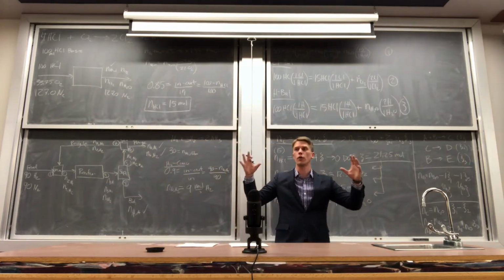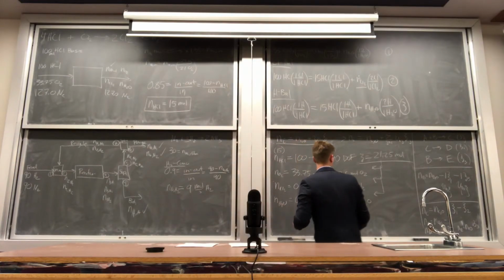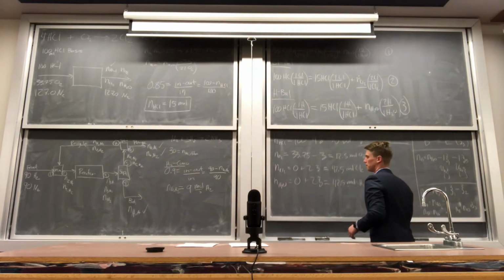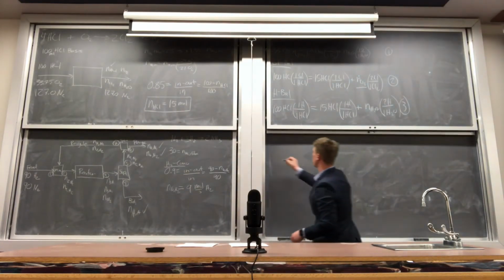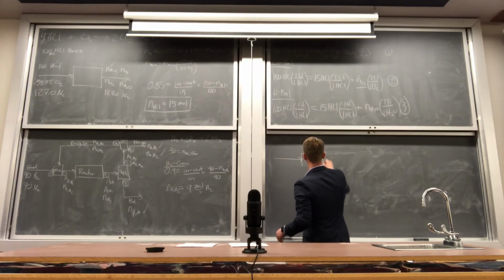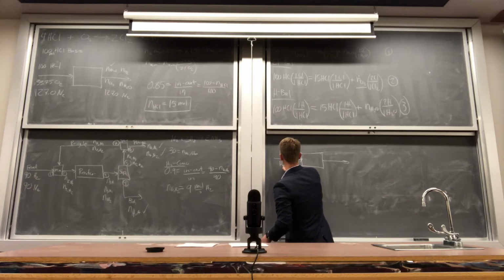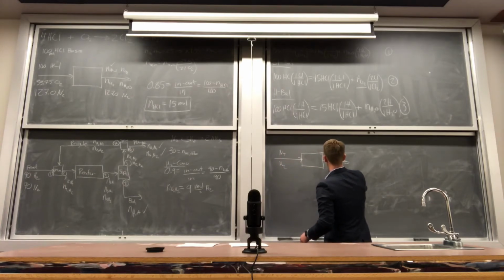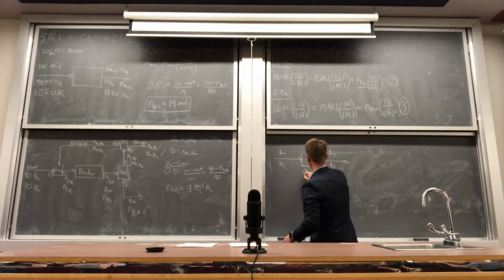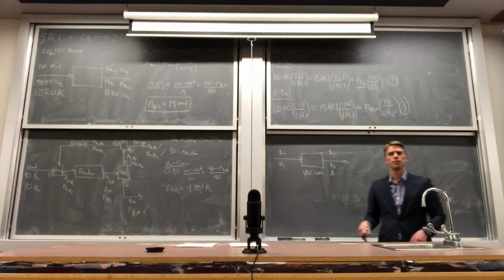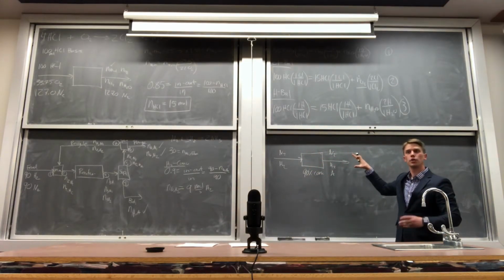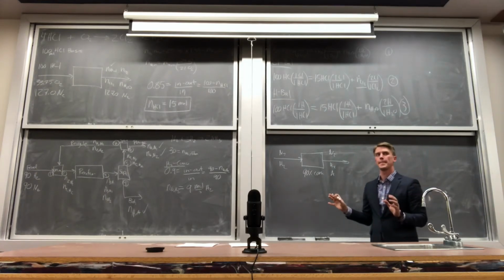When we draw an overall balance, we're converting this system to just N2, H2 in, N2, H2, ammonia out, 90% conversion. This is an overall balance. We're just looping the whole thing around.